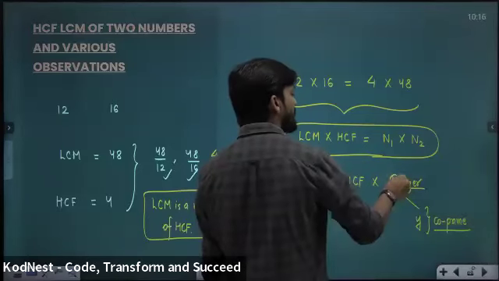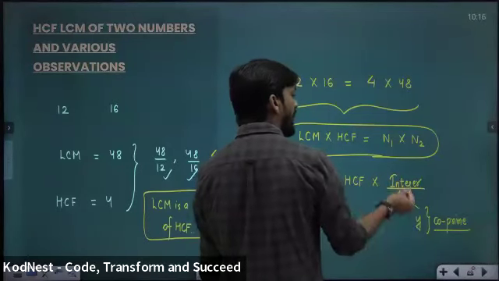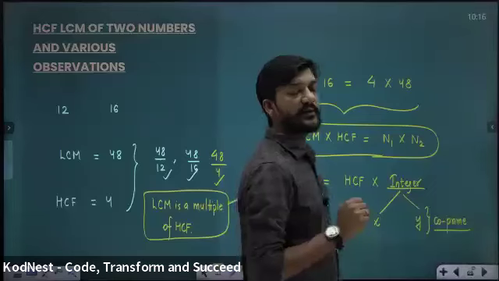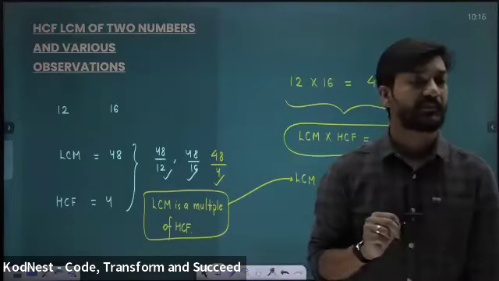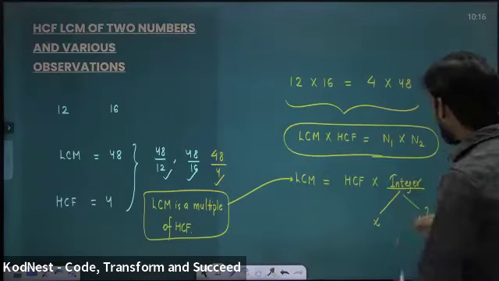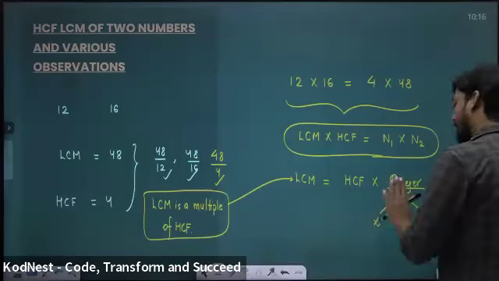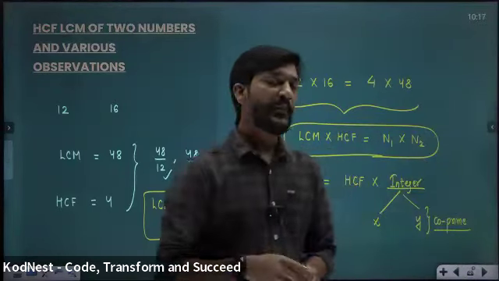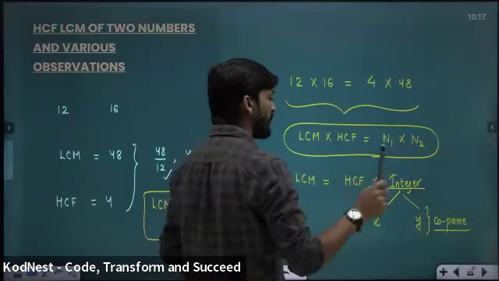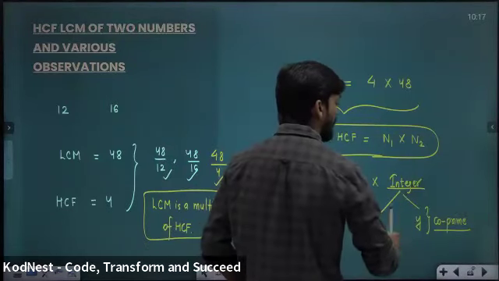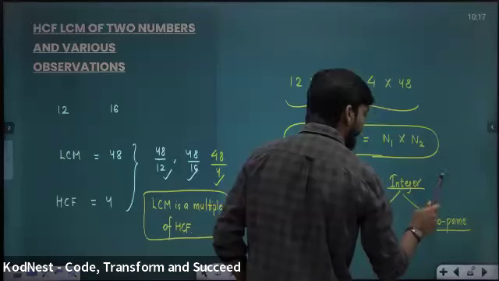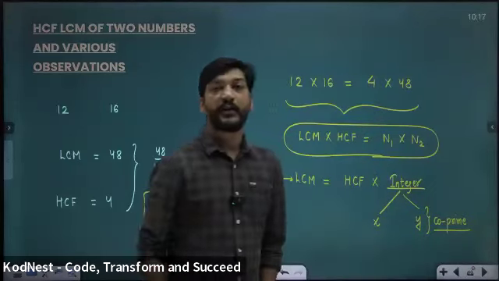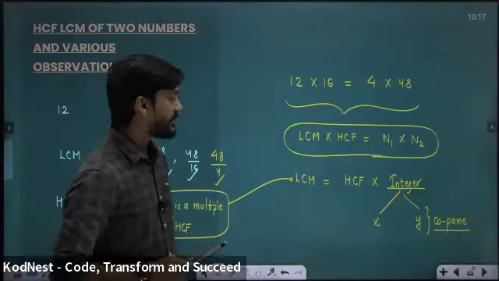Once we find it, we will break it into two parts. Why two parts? Because two numbers are there. So once I break it, I will get X and Y. Please remember first thing, they must not have any common factor. They must be co-primes. The first foundation is this.